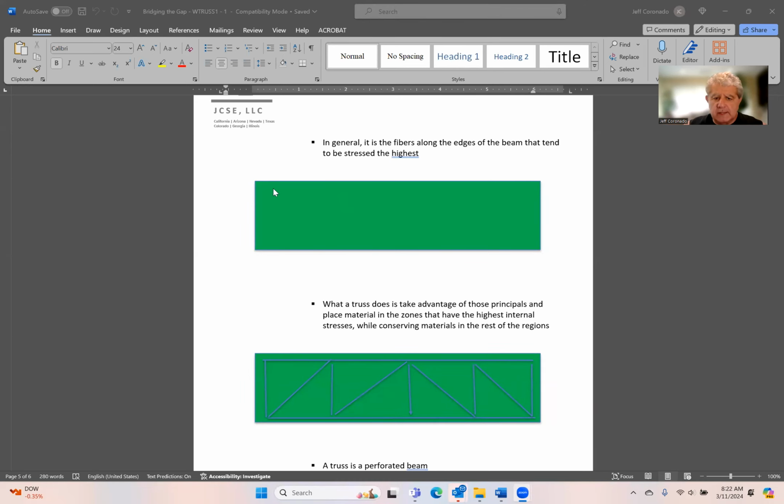So the most heavily stressed, if we think of a beam as just composed of a lot of fibers, just so that we can use that terminology, if we can think of the beam being made up of a lot of fibers, it is the fibers along the top of the beam, along the bottom of the beam, and along the edges that are the most highly stressed. Those are the fibers that are most highly stressed.